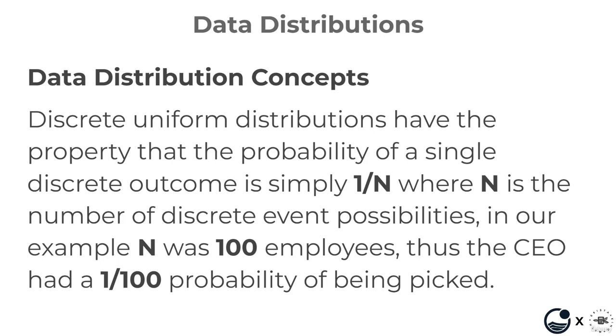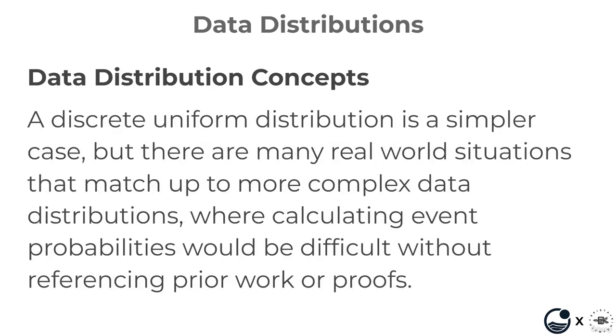That can seem super obvious to anybody who doesn't even know what data distributions are, but as the data distributions get more complex, it becomes necessary to actually look up the formula. So again, a discrete uniform distribution is a simpler use case where 1 over n may have been obvious even if you didn't realize it was a discrete uniform distribution.